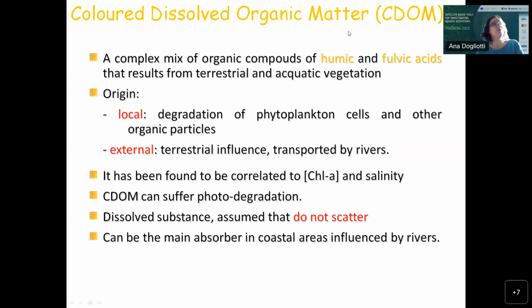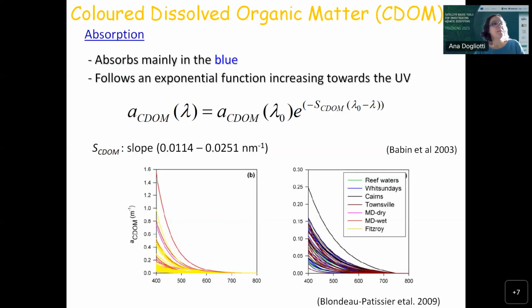The question was if we can differentiate the different humic or fulvic acids. Not exactly, but I read papers where they differentiate the origin of the CDOM by looking at the spectral slope. They found that the slope was related to the origin of the CDOM.